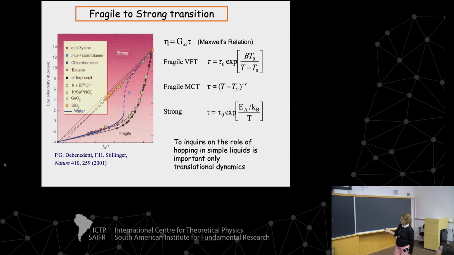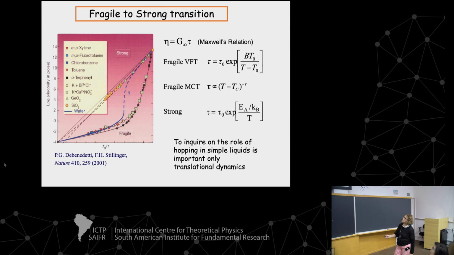The experimentalists introduced this phenomenological formula. This is the mode coupling theory formula, but when this is valid, also this is valid. So you have to decide what kind of number you want to extract out of this. This has a slightly larger range of validity, but they are equivalent.